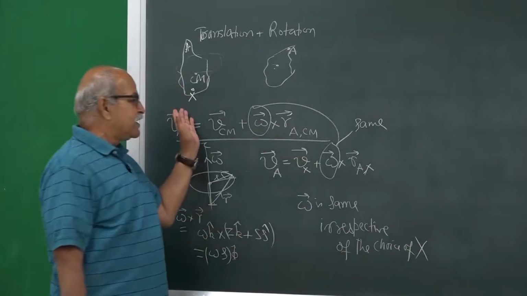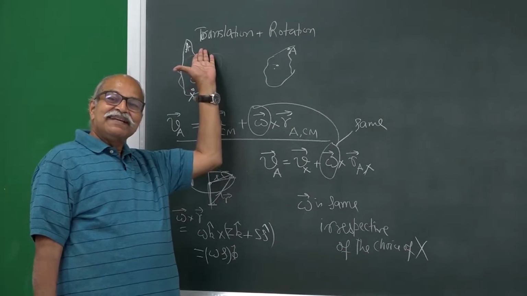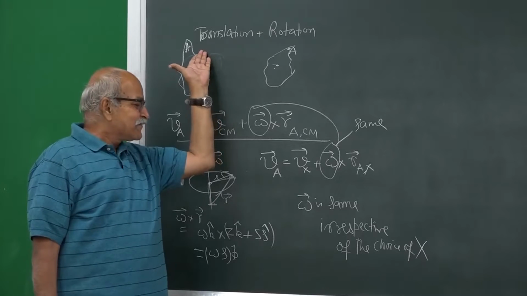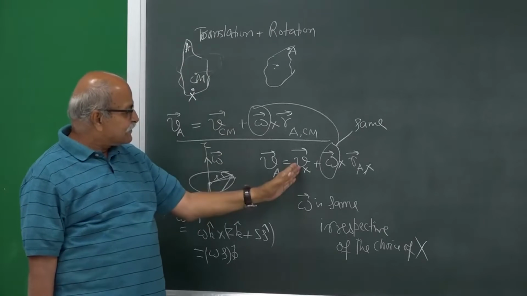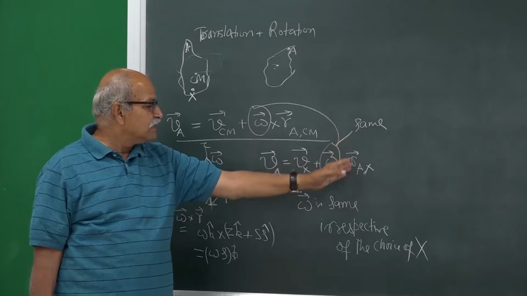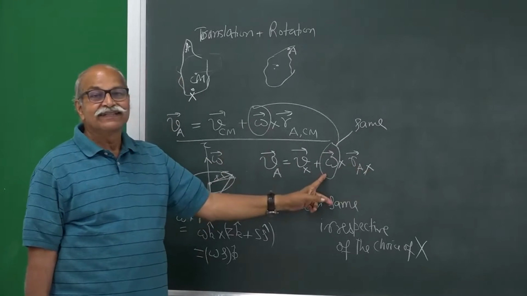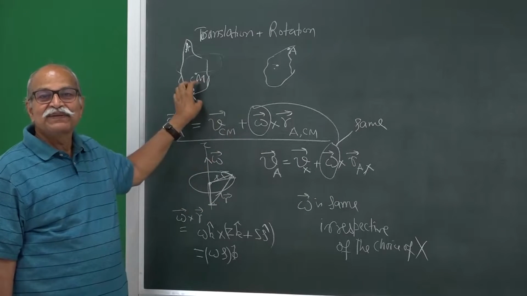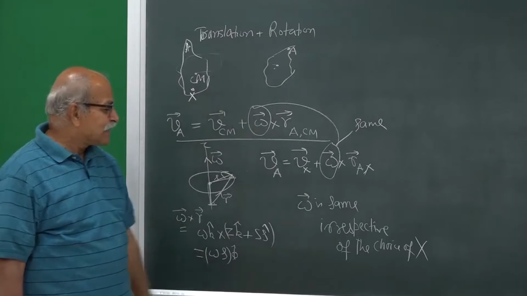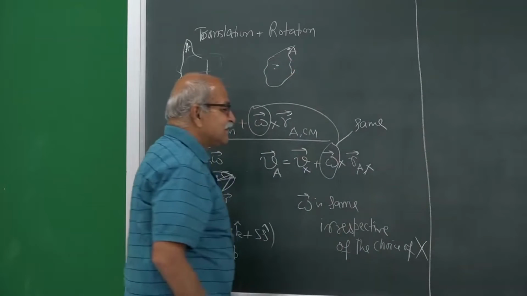You take any point and then you write the velocity of any arbitrary particle of the rigid body as the velocity of that chosen point plus omega cross the position vector of the particle from that chosen point, and this omega remains the same. So, it is independent of the choice of this. It can be proved, but I am not going to do that, but this is a very, very interesting result.